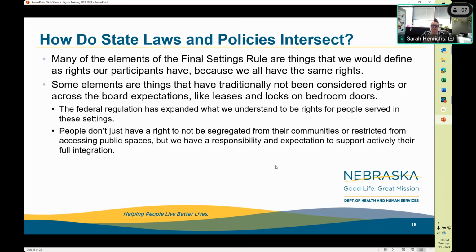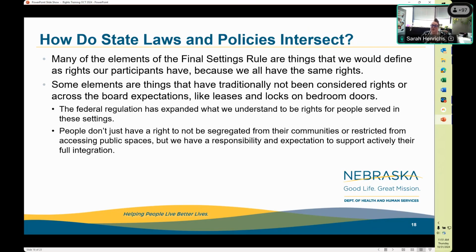So people don't just have a right to not be segregated from their communities or restricted from public spaces, but we have a responsibility and an expectation via the final settings rule to actively support their full integration. As far as straight legal rights go, you don't have the right to limit a person's access to their community, but for our participants in these settings, the final settings rule takes it a step further.